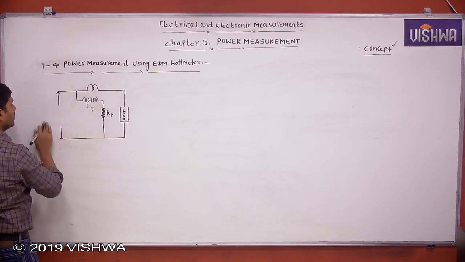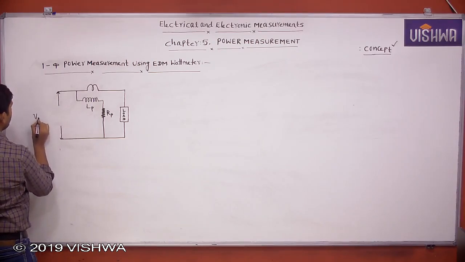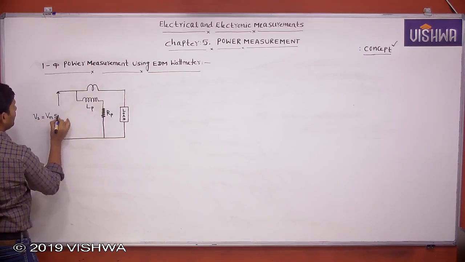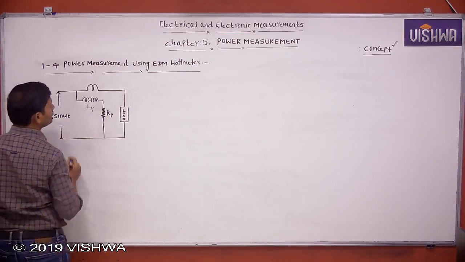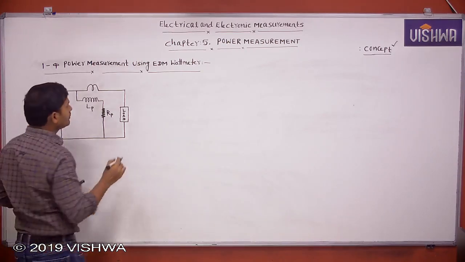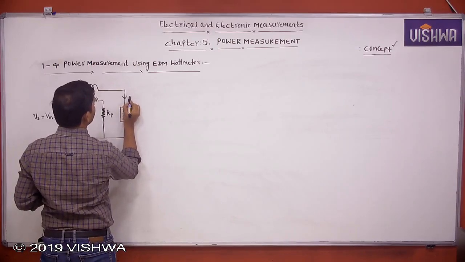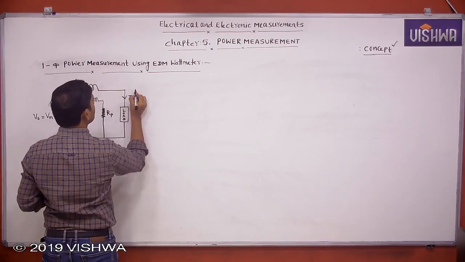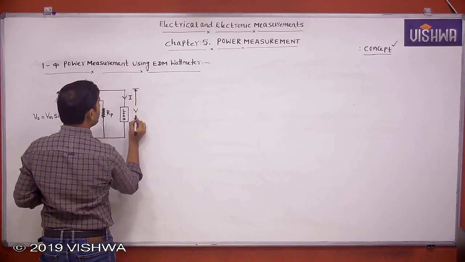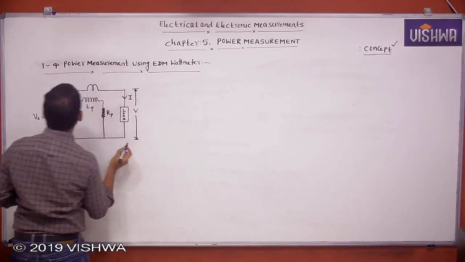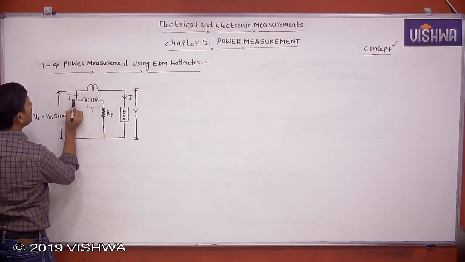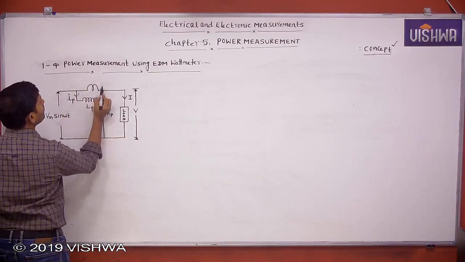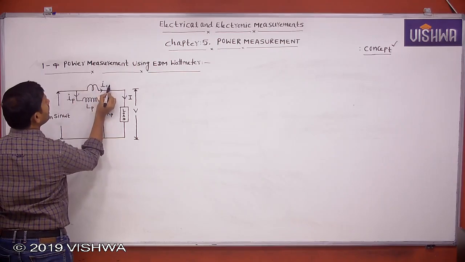Let the supply voltage Vs equal to Vm sin omega t, and this current is I, and this voltage is V. This current is the instantaneous value of pressure coil current IP. This is the current coil current ICC.